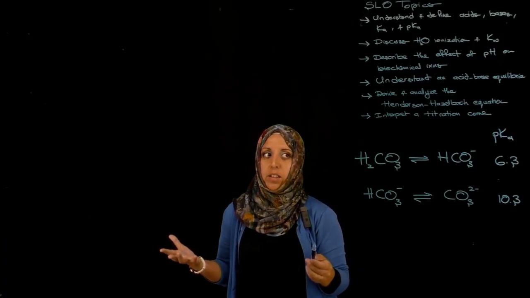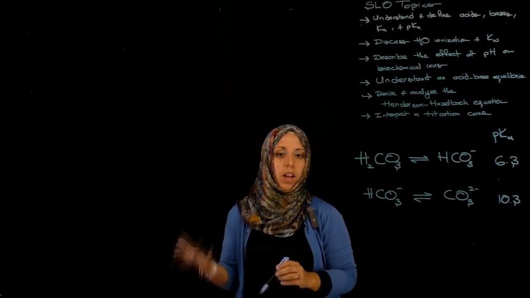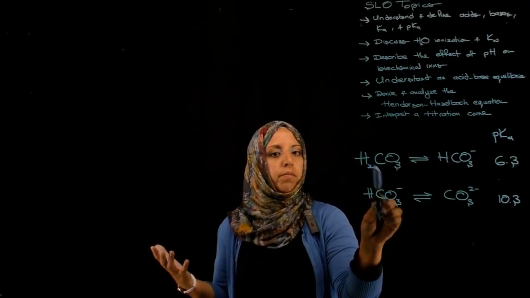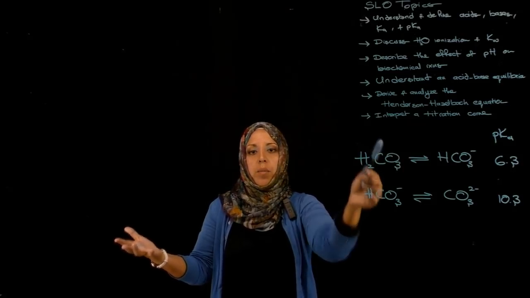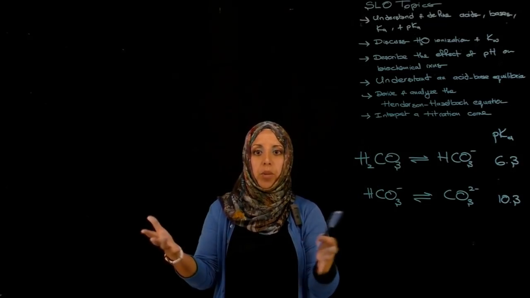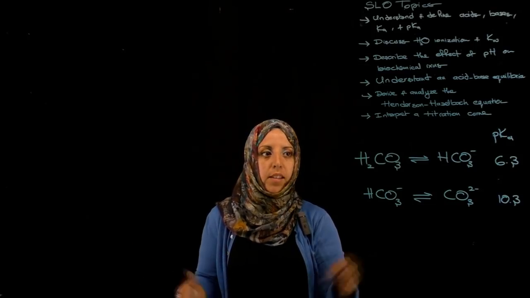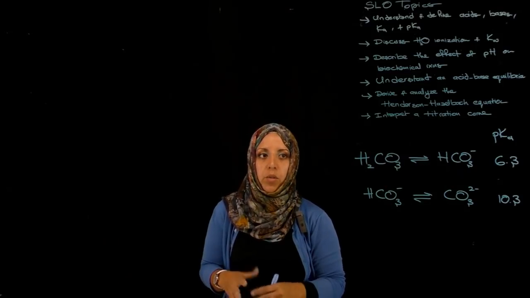So now we're going to discuss the titration curve in terms of the equilibrium between carbonic acid and bicarbonate. All right, so it has 2 pKa values, and suppose you have carbonic acid, and you start titrating base into carbonic acid. The very first proton will dissociate, and then the second proton will dissociate.